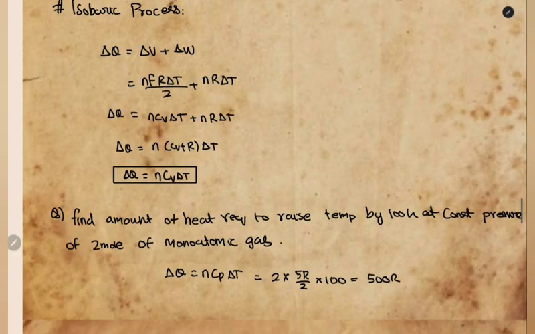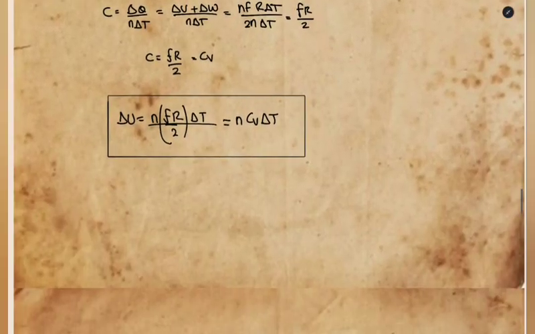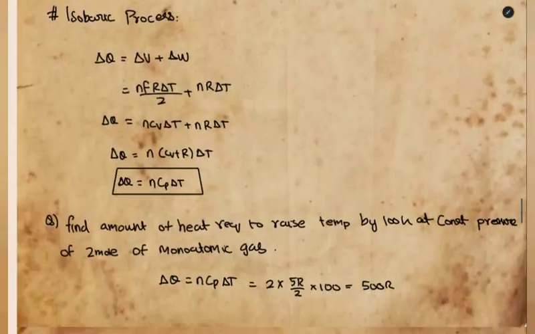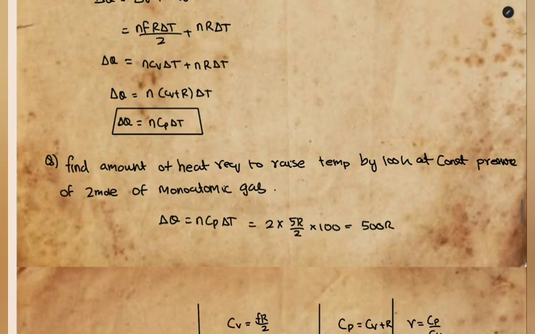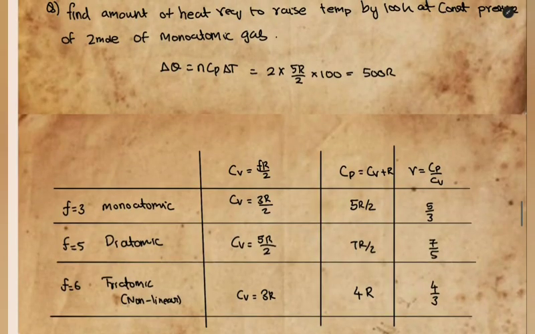Delta Q will be equal to N Cp delta T, but in the earlier case we found that delta U will be equal to N Cv delta T. These are both different quantities, but represented in terms of molar specific heat when volume and pressure are constant.